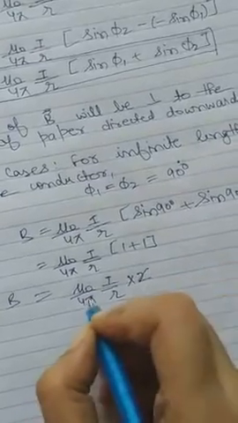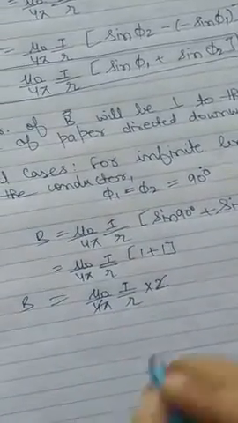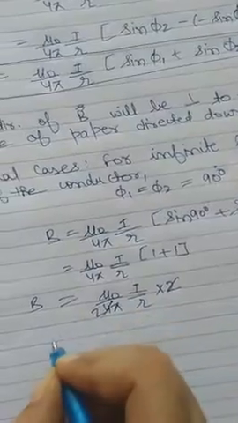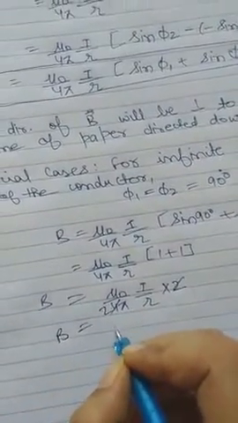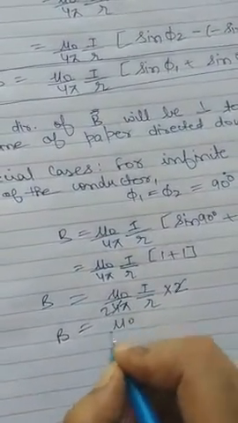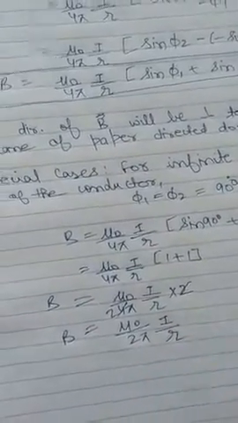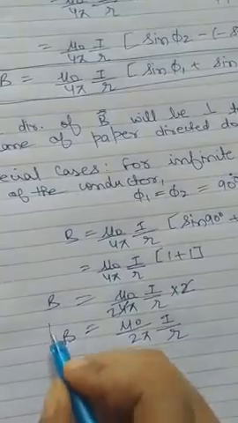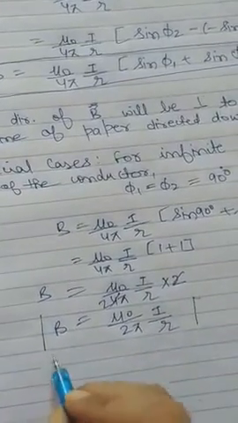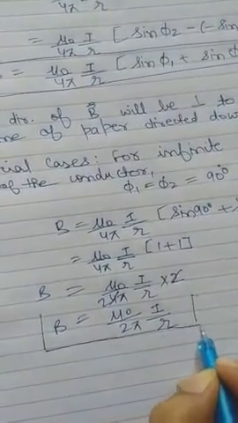So 2 and this 4 will cancel. So finally the value of magnetic field that we'll get for infinite length is your mu naught by 2 pi I by R. Clear? So this is the formula for magnetic field for an infinite length of the conductor.